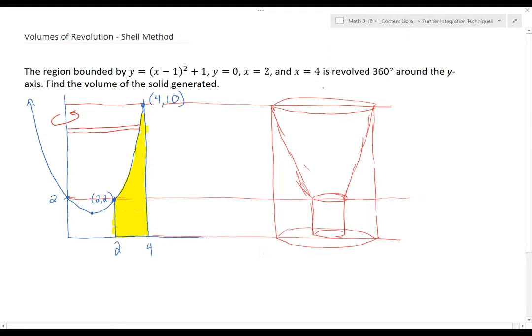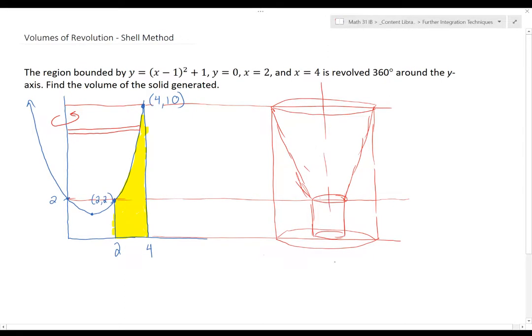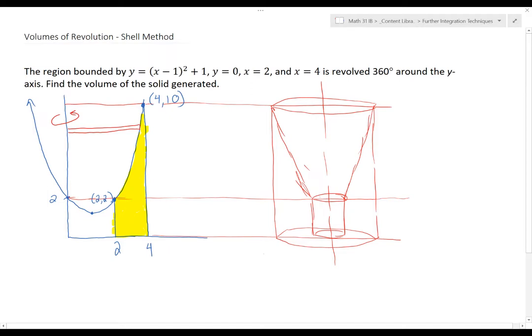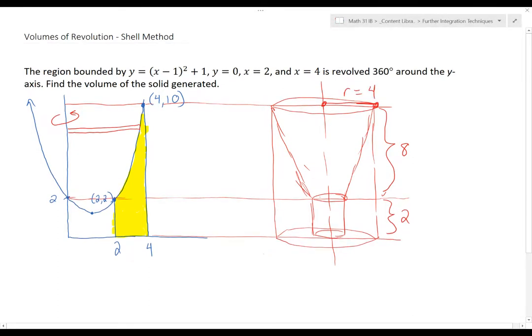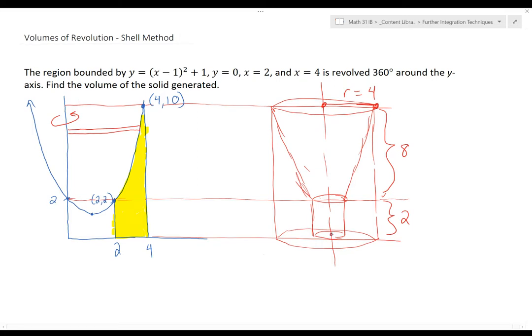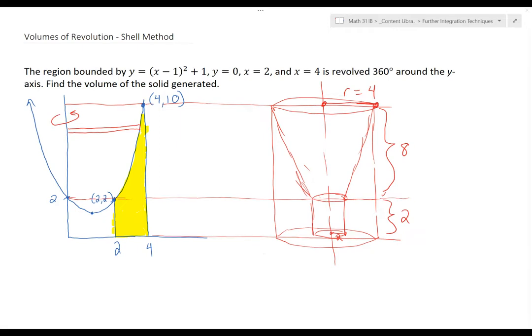In this diagram, the y-axis is here. So I would know, for example, that this height here is a height of 2, that for this outer cylinder, I've got a height of 8. The radius of that cylinder is 4, so I can figure out the volume of that cylinder. The radius of this internal cylinder is just going to be 2. So all of those I can figure out without using calculus at all, because I can just use the formula for volume of the cylinder.